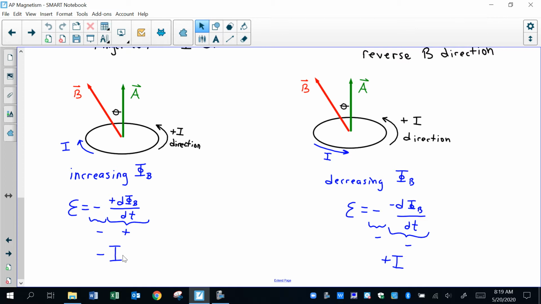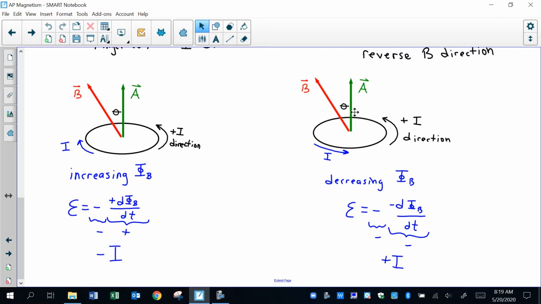It means that our current is going to be going in the negative direction. Our finger curl simply defines what positive direction is. So if we increase our flux, we're going to get a blue arrow going in the other direction, because that's what our equation tells us, that we are going to end up with negative current.